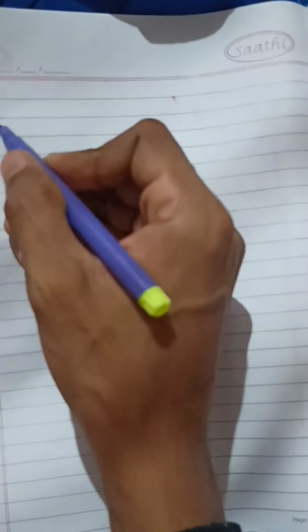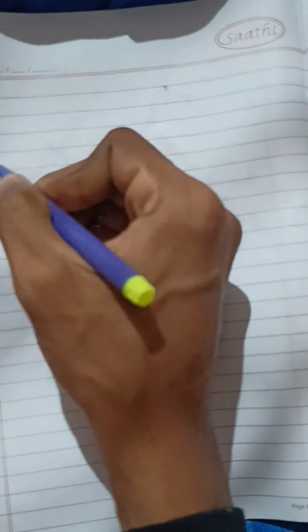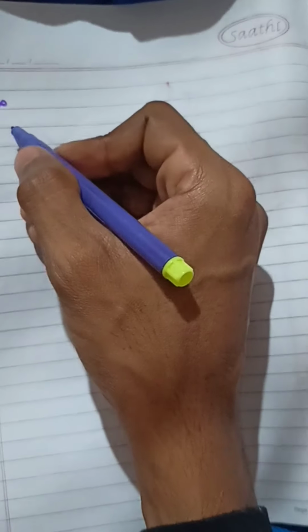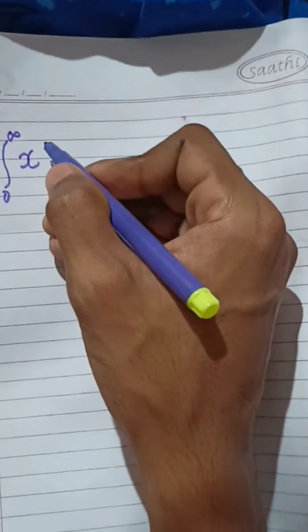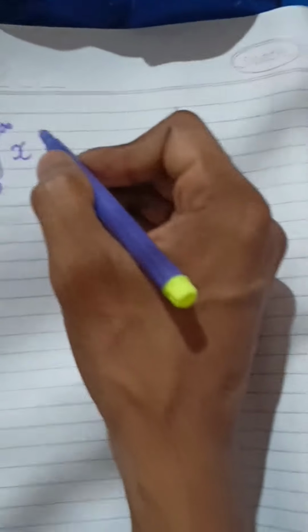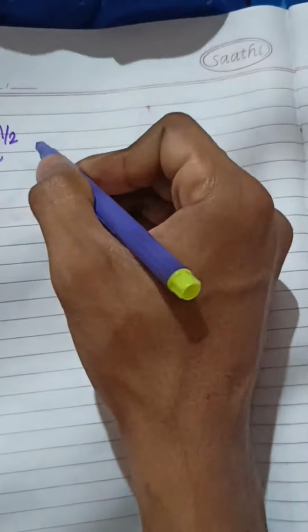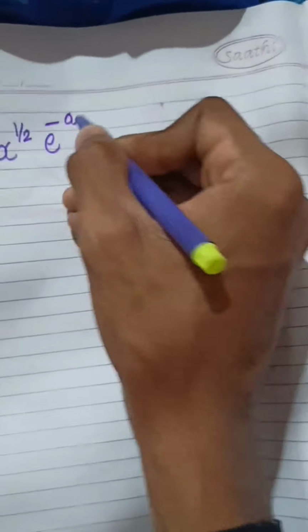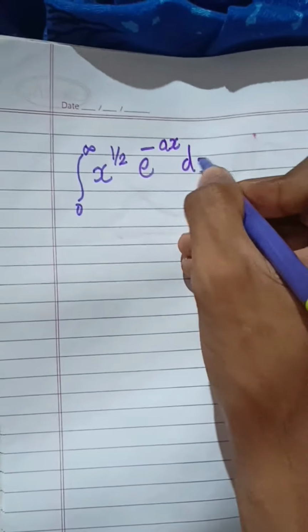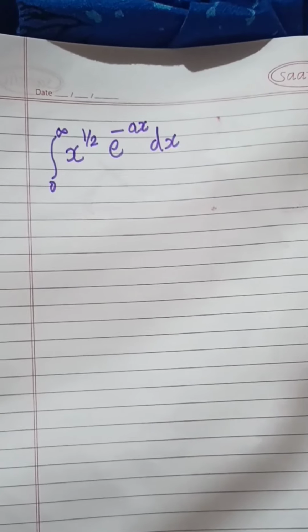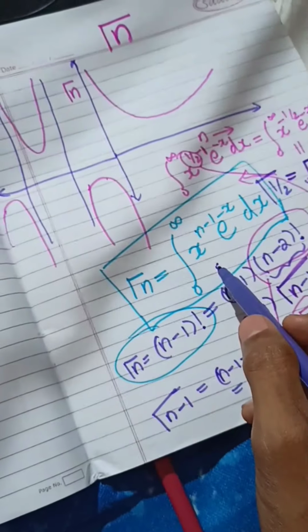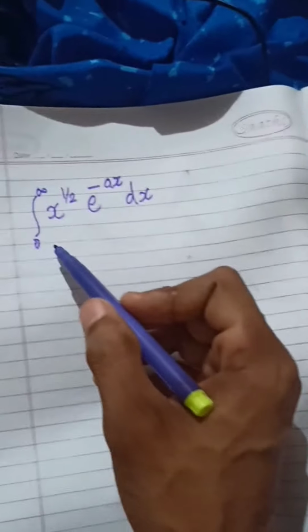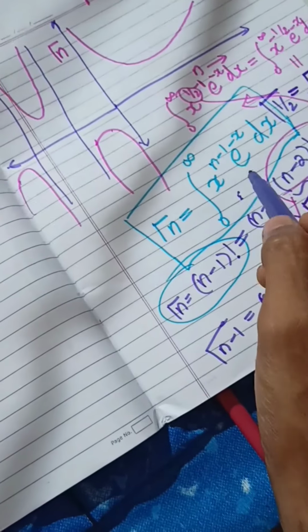Our task is to find the integral from 0 to infinity of x to the power 1/2 e to the power minus ax dx. To use the trick of the gamma function, we need to convert this formula to this form.